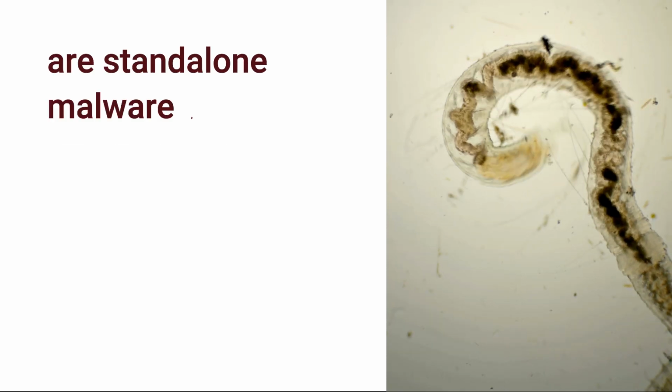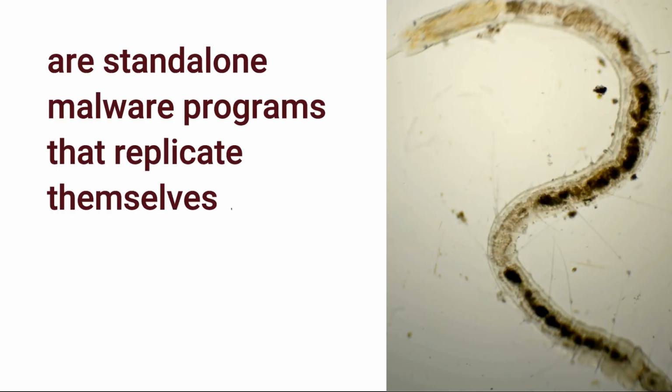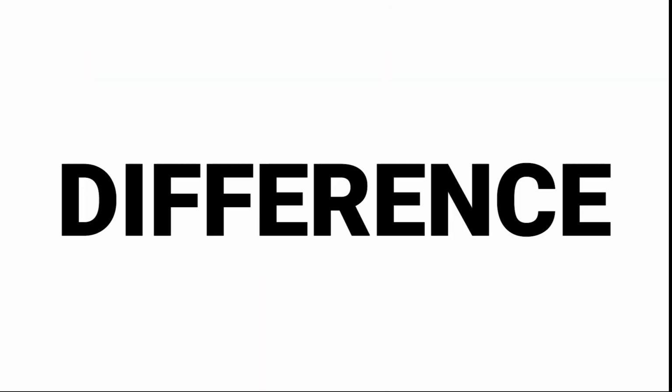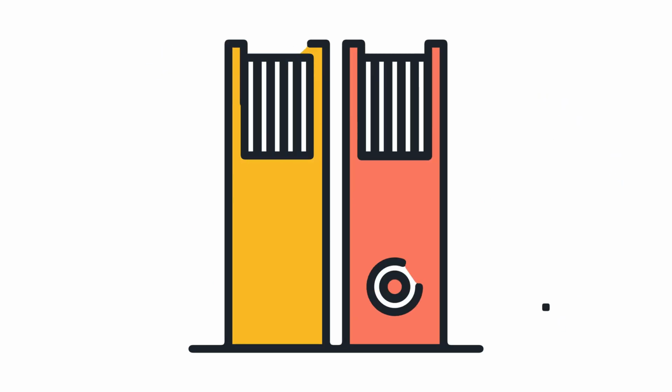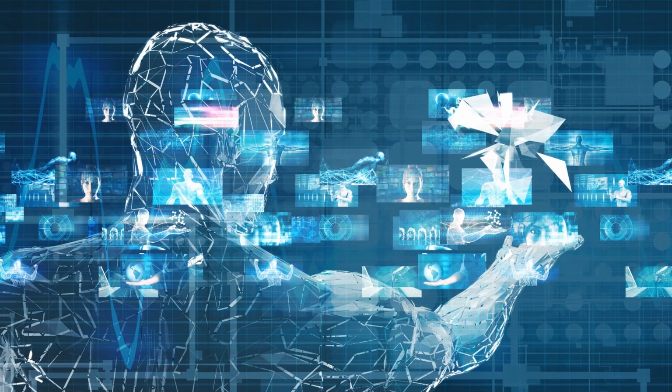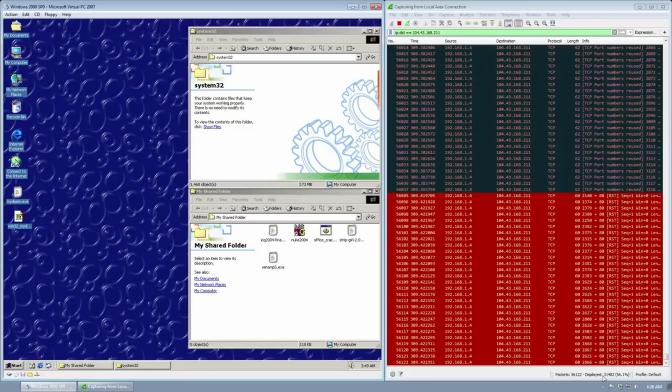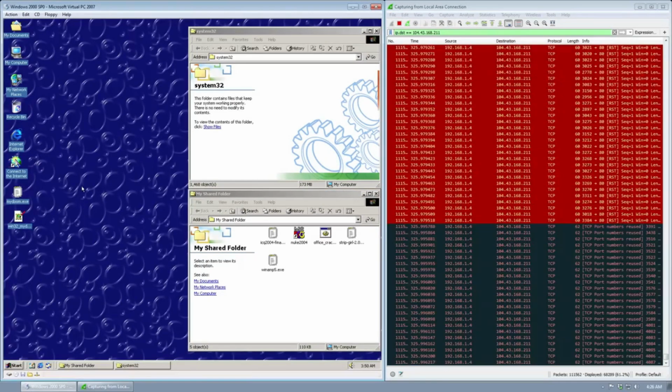Number 2. Worms. Worms are standalone malware programs that replicate themselves to spread to other computers, usually over a network. A difference between worms and viruses: viruses infect computers through the spread of files, while worms use networks. For example, MyDoom, Stuxnet, and the Blaster worm.